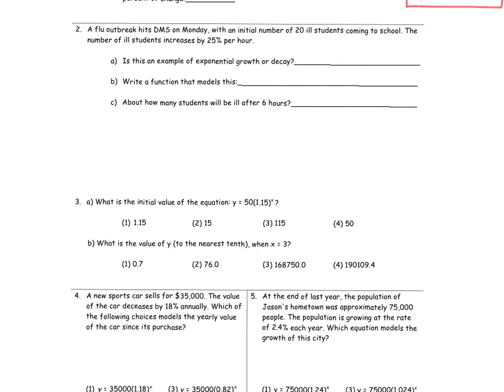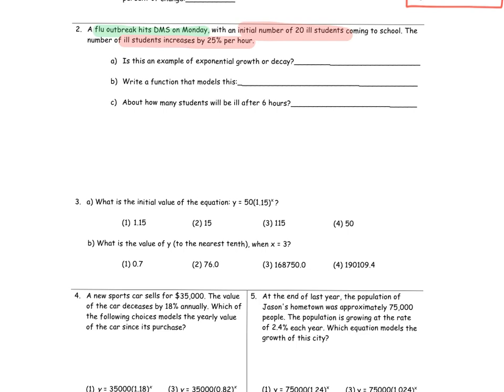All right, so for question 2, we have a flu outbreak hit DMS on Monday. It has an initial number of 20 ill students coming to school. So we have 20 ill students. The number of ill students increases by 25% per hour.